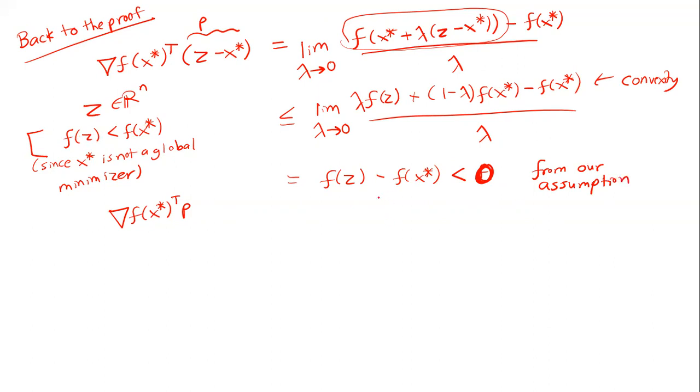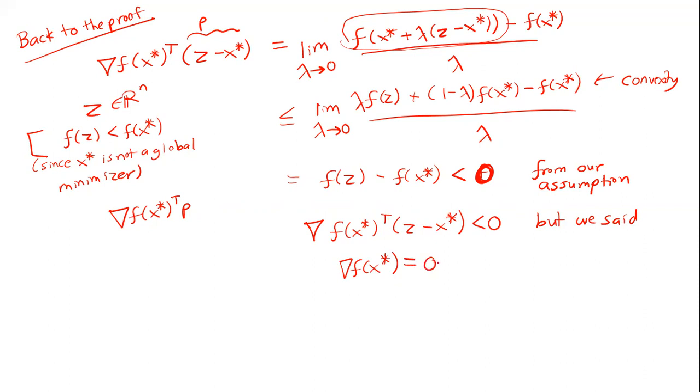And so at this point, we say, okay, well, problem. If this is true, this means del f of x star transpose of z minus x star is less than 0, but we said del f of x star is equal to 0.